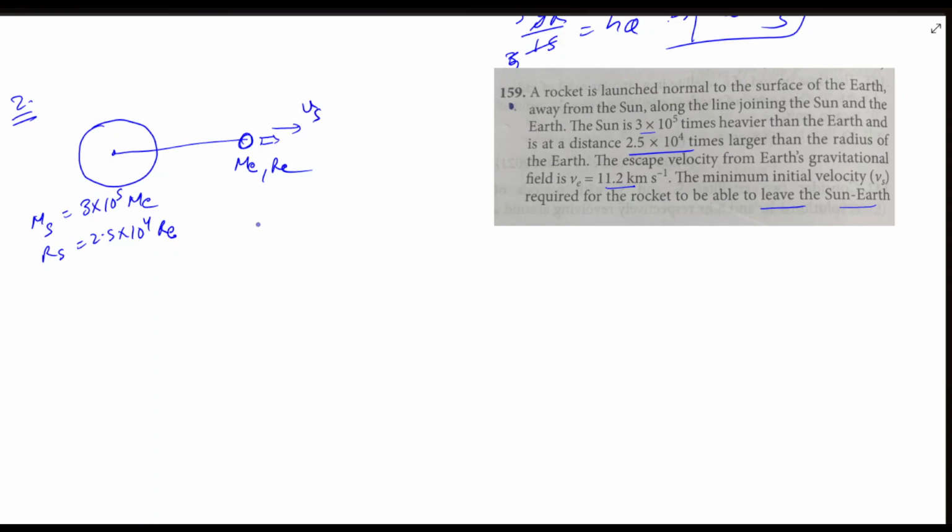Let's say this is Vs. Using energy conservation, the total energy of the rocket initially should equal its total energy at the final stage. Finally, at infinity, it will have zero energy, and initially it will have half m Vs square minus the potential due to Earth, which is minus G m Me by Re, right?